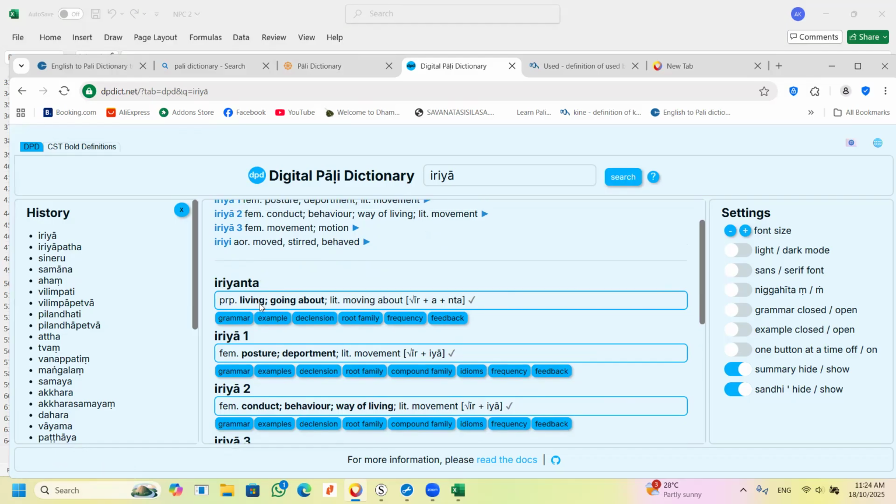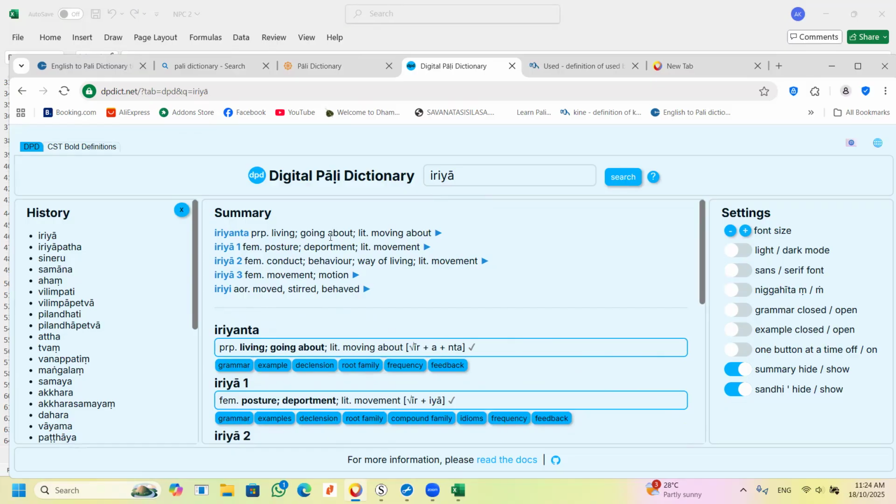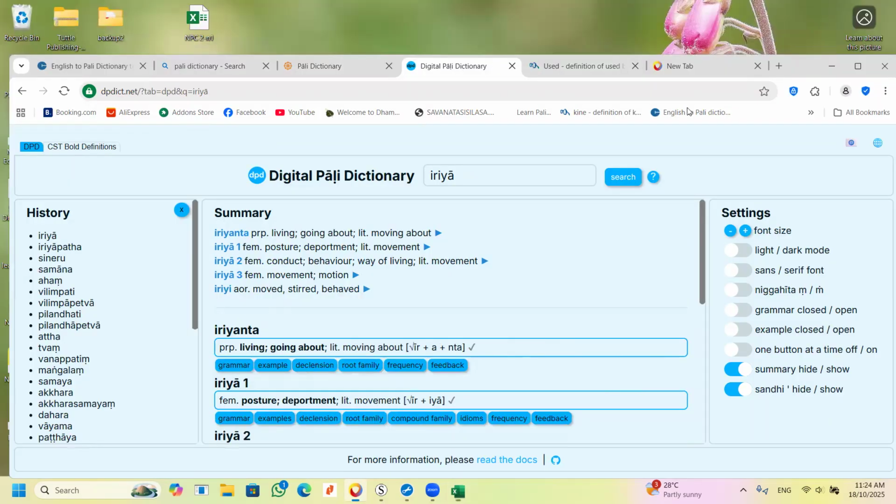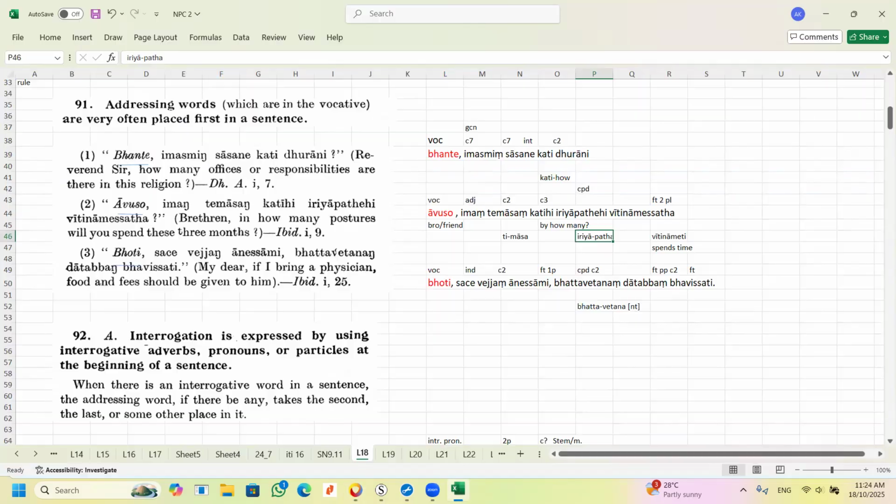That means when you talk about how long you stay, living is stay. You understand? You get me? Otherwise, you will get it wrong already. Not posture. So you go back to here. So the word here is living. Can you see here? Living implies staying.